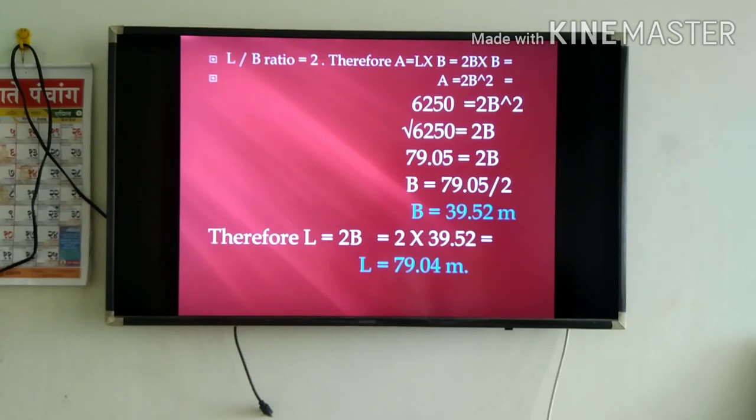Then B square is 3125, and taking the square root we get B equal to 39.52 meter. Therefore, L is equal to 2B, which is 2 into 39.52, that is length is equal to 79.04 meter.